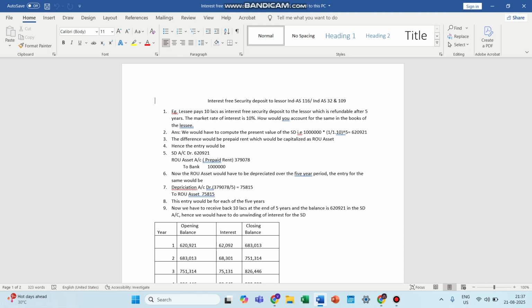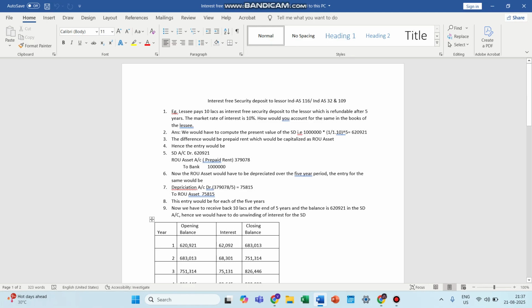Now the SD amount is 620921, and once we receive back the SD amount, it will be 10 lakhs. So how would this difference between 620921 and 10 lakhs be accounted for? This would be interest income, and how this interest income would be accounted for would be shown as below.